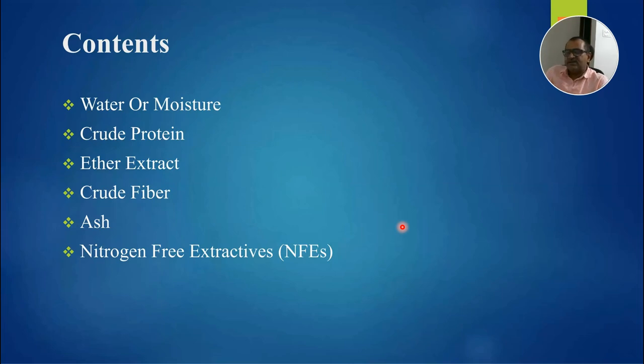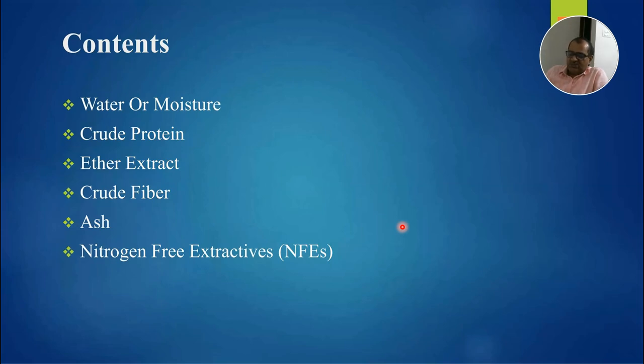Then, what are all the contents of a feed? Number one is water, or the moisture content. Number two is the CP, or crude protein. The third one is ether extract. The fourth one is the CF, or crude fiber.